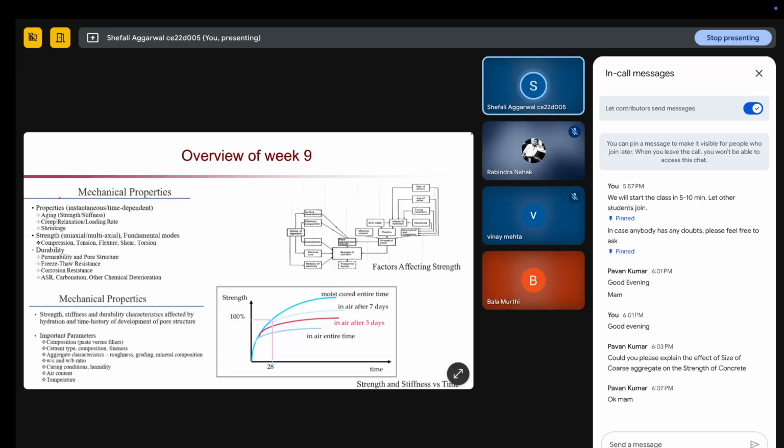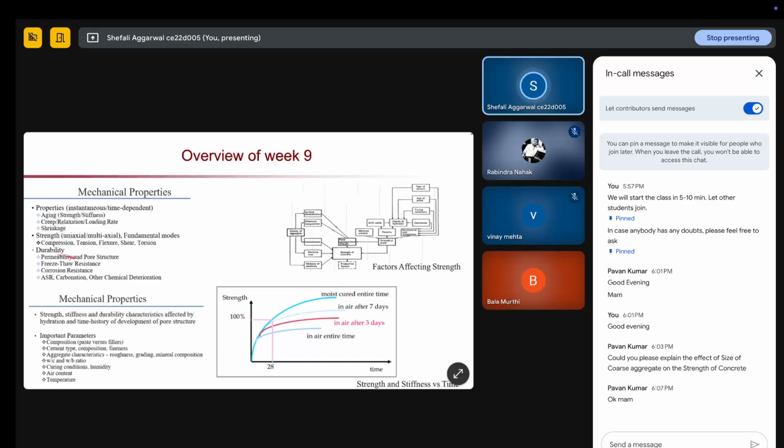Those are the general mechanical properties of any concrete system. Next, if we talk about strength property itself, then within strength we have many types of strength properties: how our concrete behaves under compression, tension, pressure, shear or torsion, depending on the application we are using our concrete for.